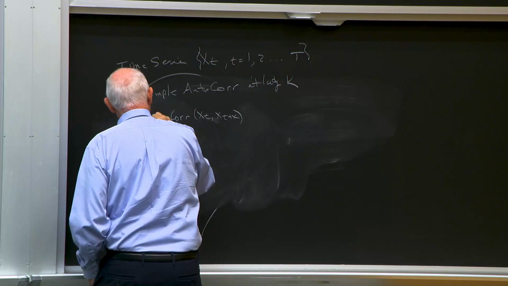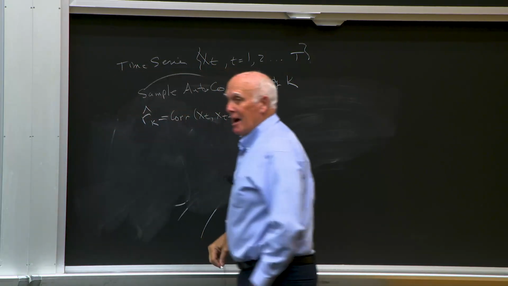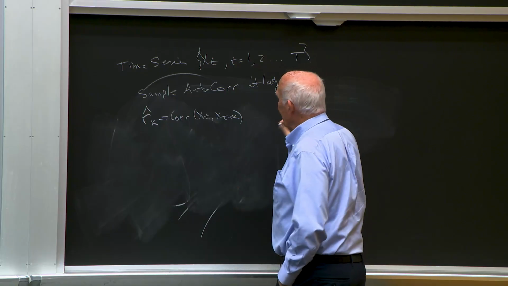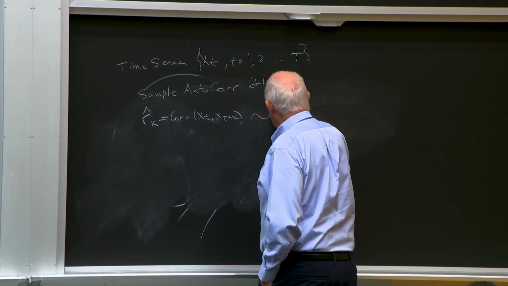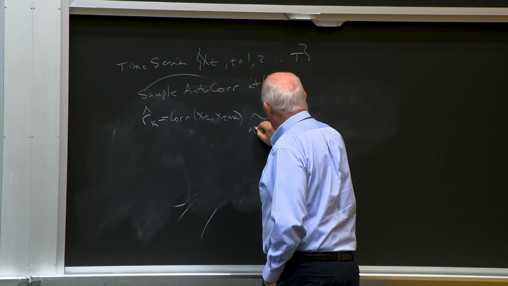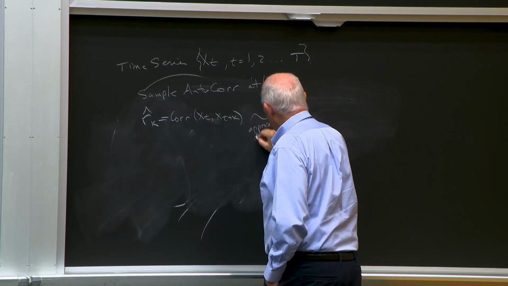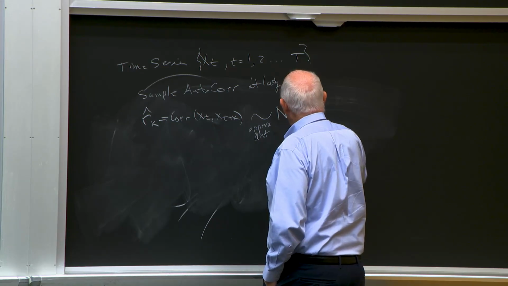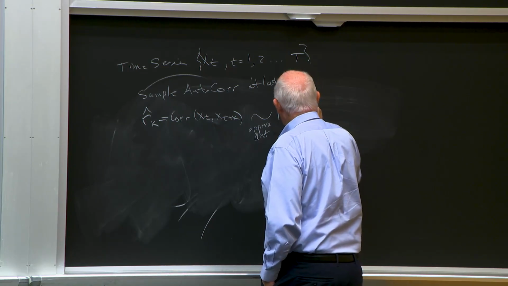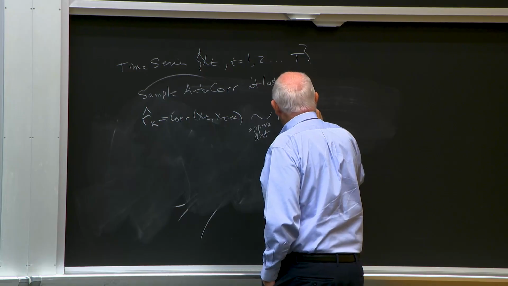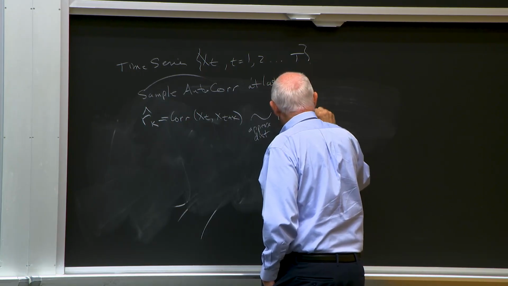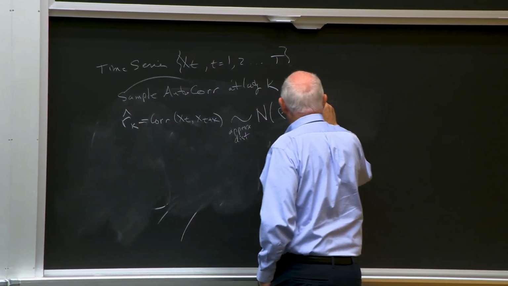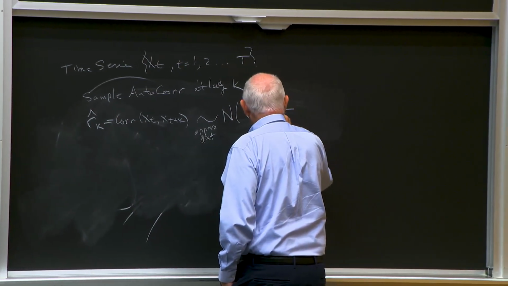We call this R_k, and I'll put a hat on it to indicate that this is estimated from the sample. It turns out that this is approximately distributed as a normal with mean rho_k, the true autocorrelation, and a variance that's 1 over T minus k.